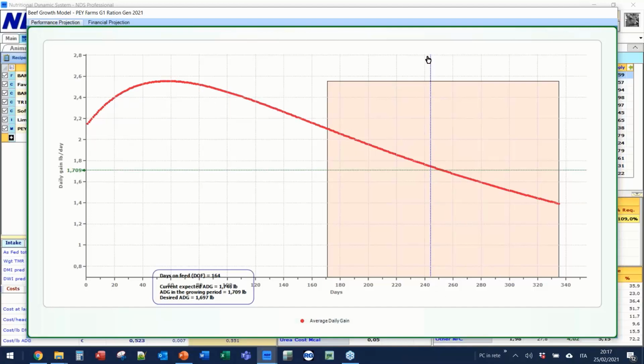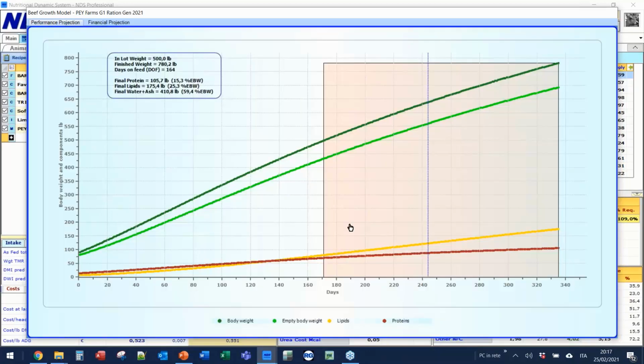The blue vertical line describes where we are now, and the horizontal green line describes the average over the period, and the period is described with this alarm zone that is light orange or something like that. We can do the same evaluation for the growth. You can see that at the end of the period, we have around 780. That was what we expected.